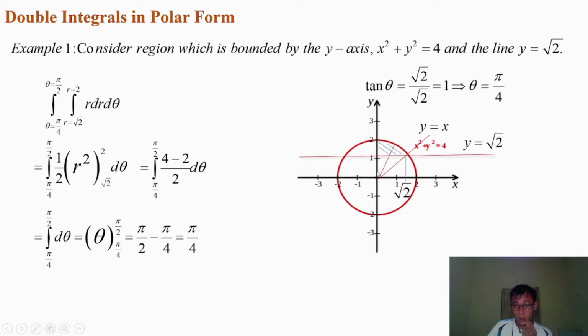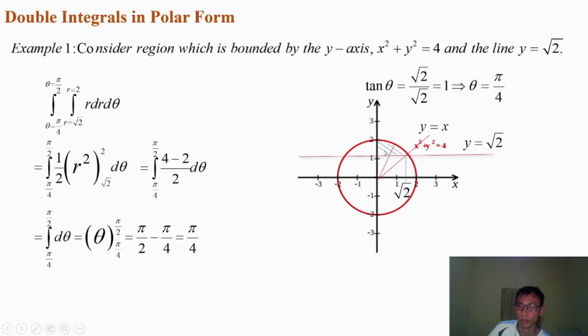So as we can see here, when we draw a line from the origin to the surface of the circle of radius 2, we can see that the line crosses the line y equal to square root of 2 first. Then it reaches the circle of radius 2. That's why our r is bounded between square root of 2 and 2.